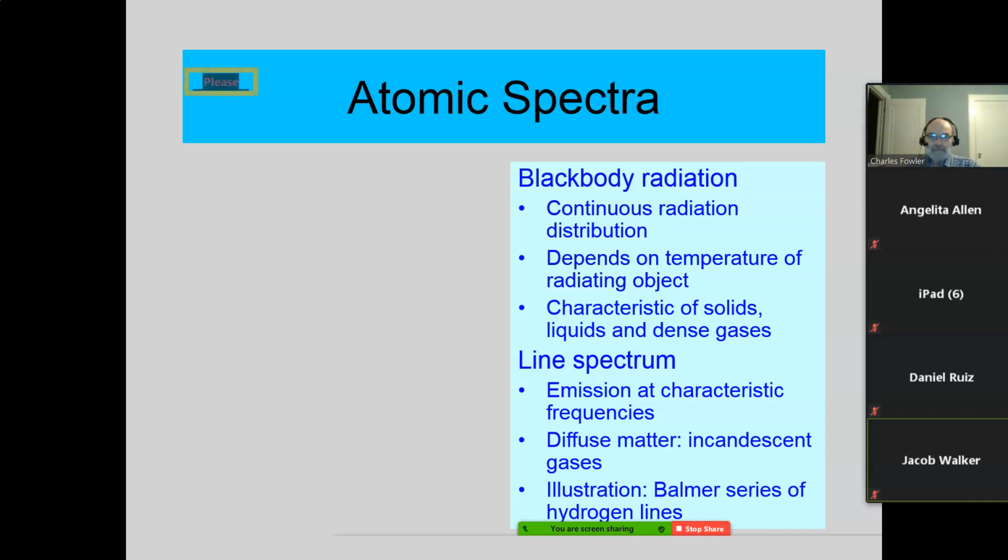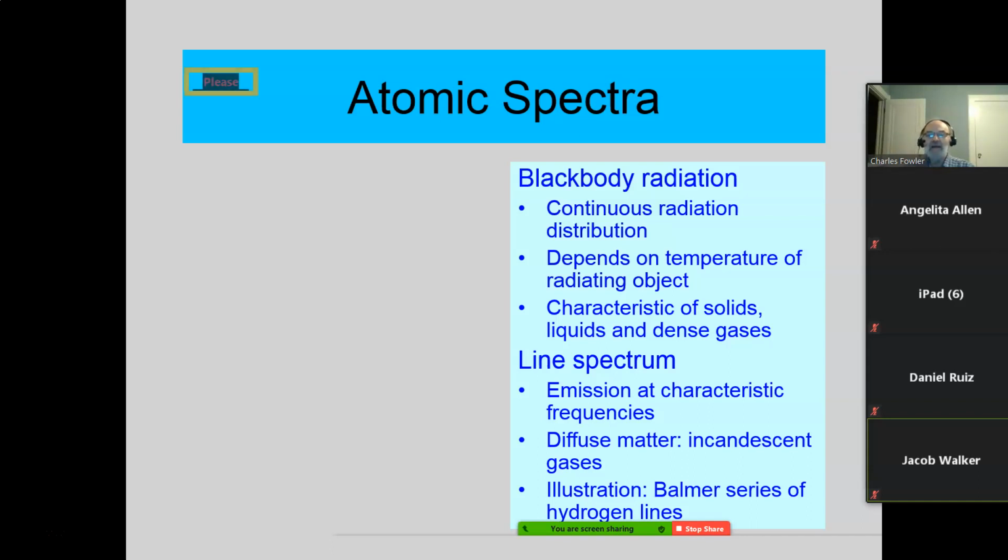Now, this is another area that is a little dense, I would say. For any old object out there that absorbs and emits radiation, you could call that a black body. It gets in the way of the radiation, it absorbs it.